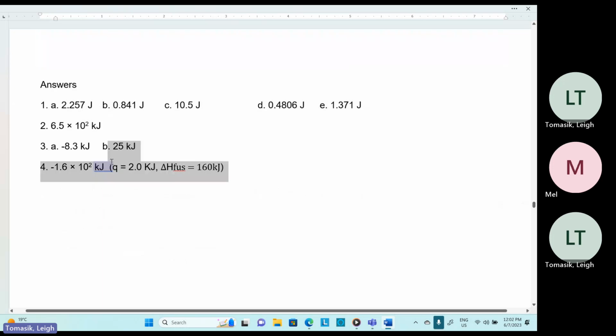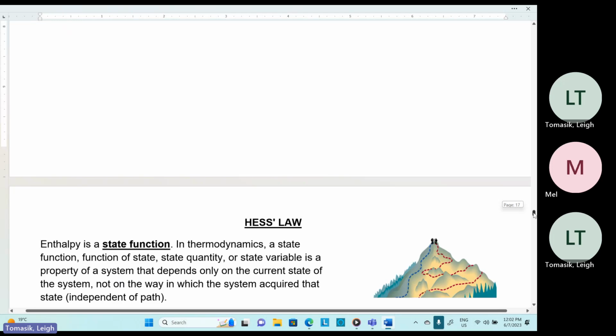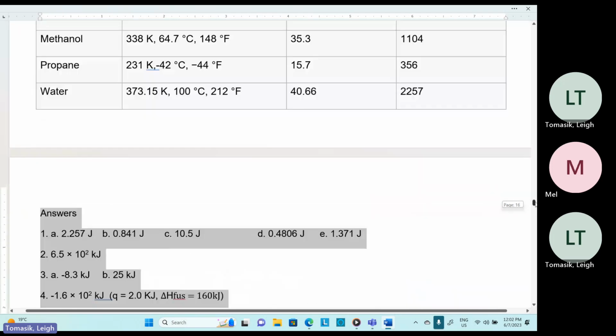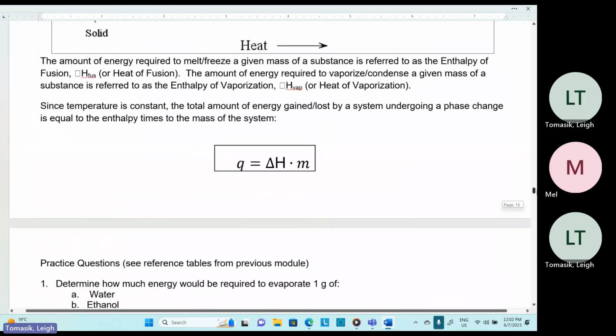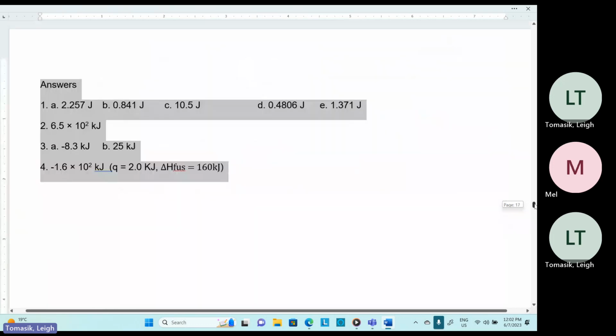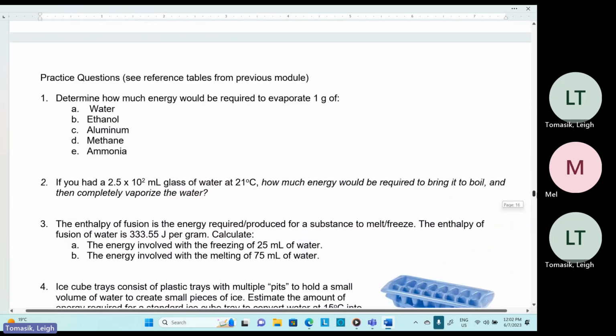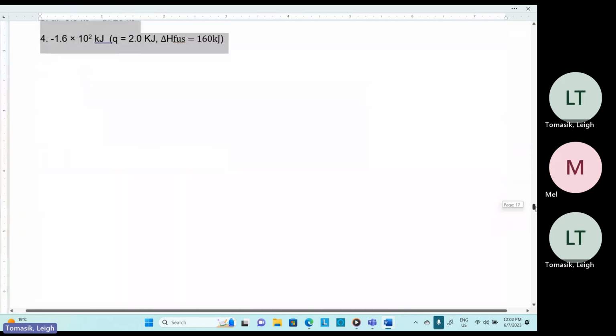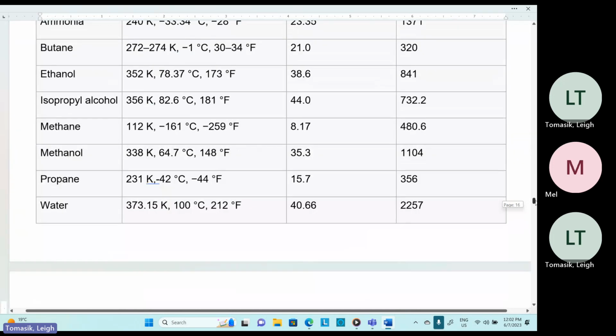We have the answers, so you can check your calculations, and that's sort of it for today. So lots to do. You have the gizmo to do, and you have this to practice with.